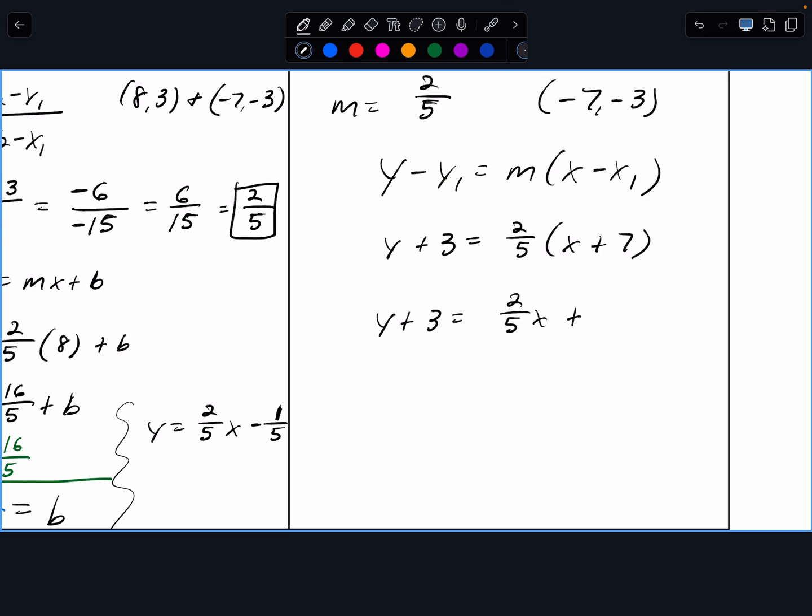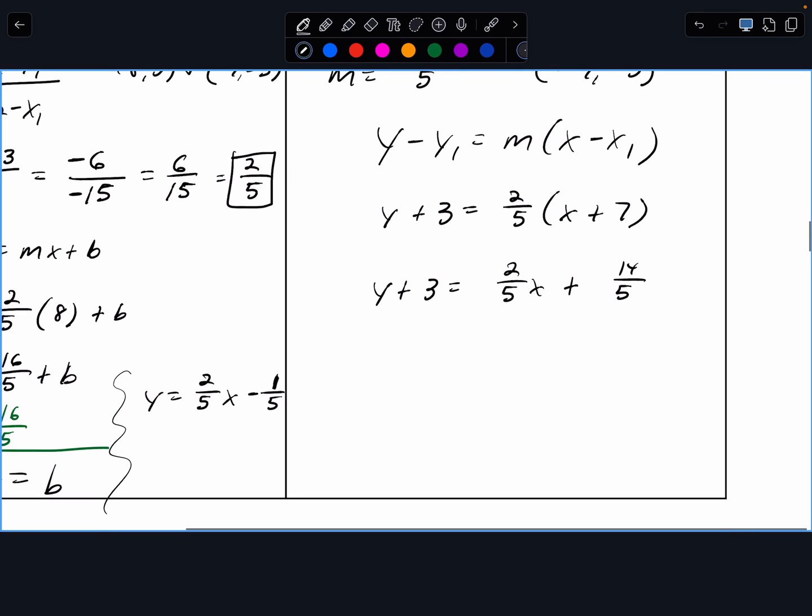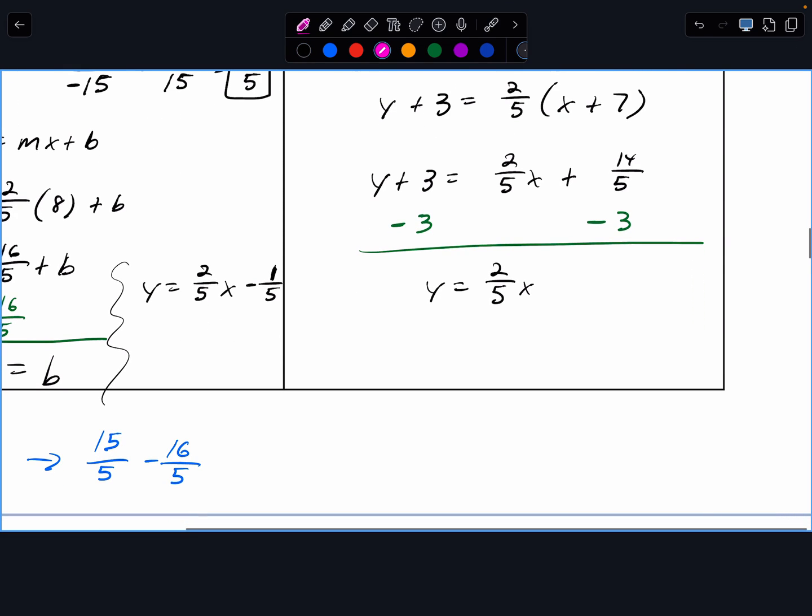What is 2/5 times 7? 14/5. Okay, so how will I get the y by itself? Subtract 3. Now I'll do my quick math down here. So we have 14/5 minus 3 over 1.